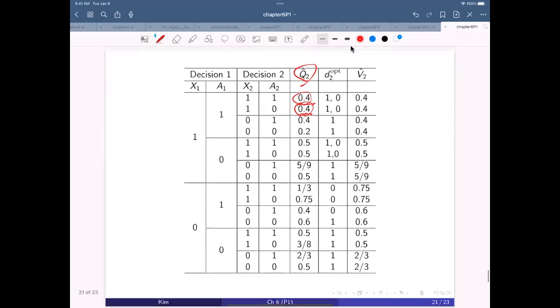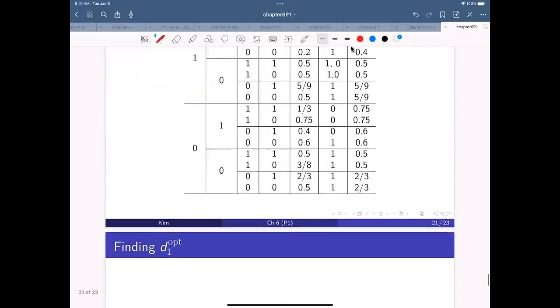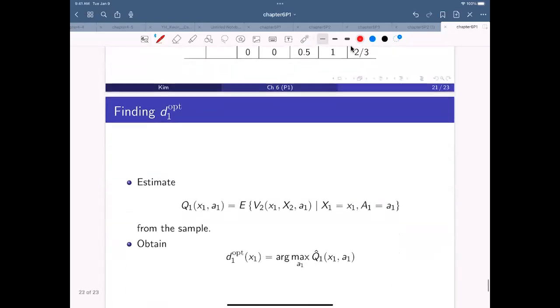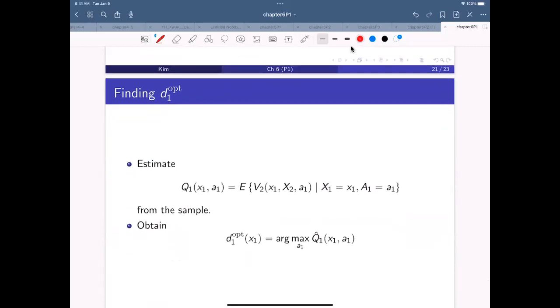Okay. So at least for the second decision, we already have the optimal decision for each combination, right? For each combination, we have this decision. And now what you want to do is to compute Q1 using the conditional expectation of V2 given X1 and A1.